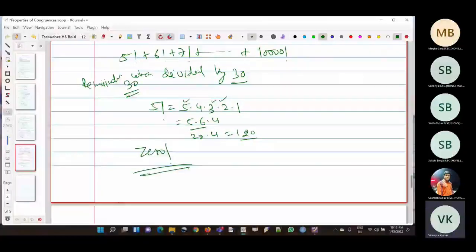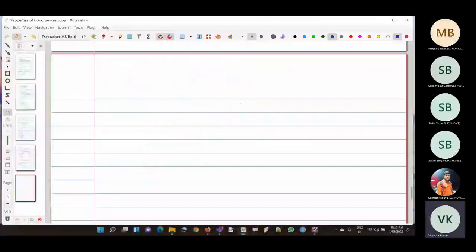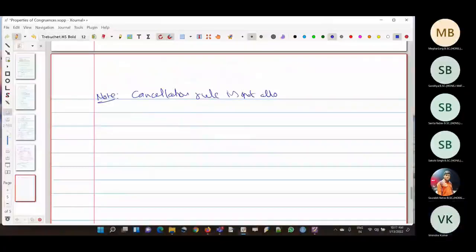Okay. So let us see some more results, so that cancellation law is not always allowed in congruences. Cancellation rule or law is not allowed in congruences in general.